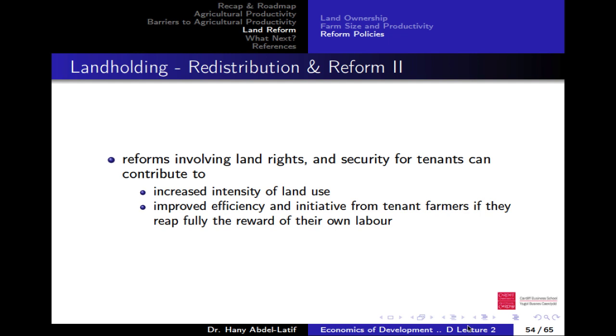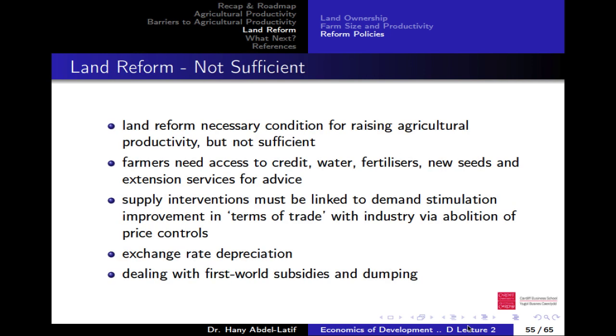So to encourage those tenant farmers to be more productive and more secure, you give them the incentive to be more productive. So land reform is not sufficient. You need to complement this with other policies. So that might partially answer your question.